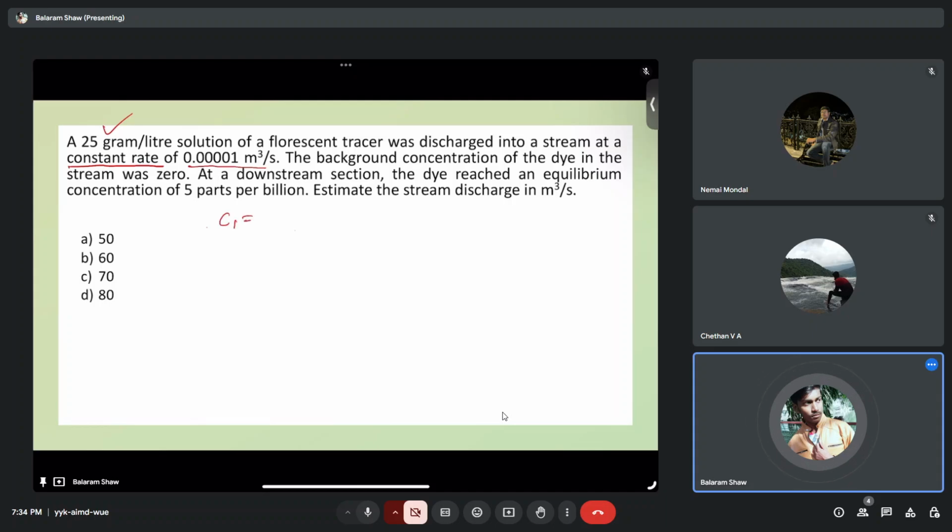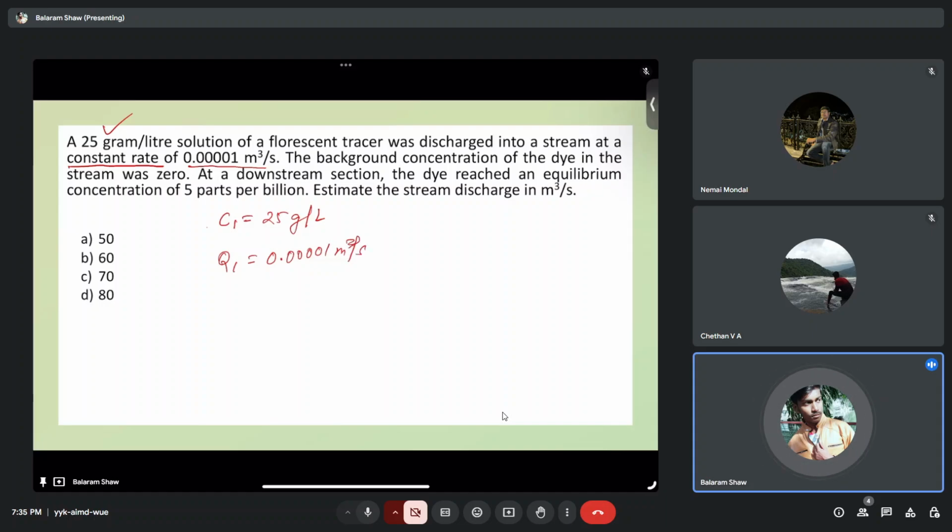So C1 is equal to how much? 25 gram per liter, right? Is discharged into a stream at a constant rate of Q1 equal to 0.00001 meter cube per second.